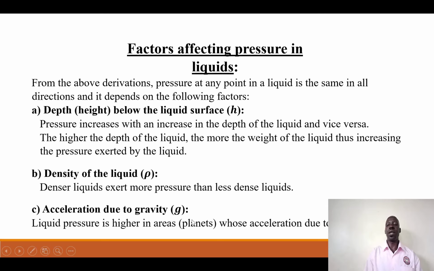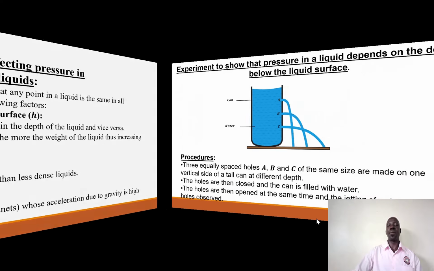When we go to another planet like the moon, where the value of acceleration due to gravity is one sixth of that on the Earth's surface, the liquid pressure there is quite low. So acceleration due to gravity is yet another factor affecting pressure in liquids.